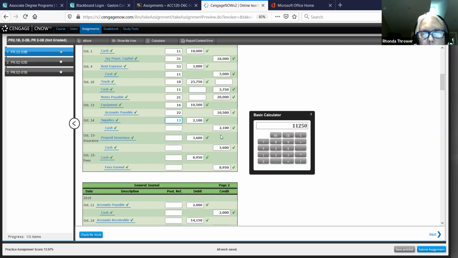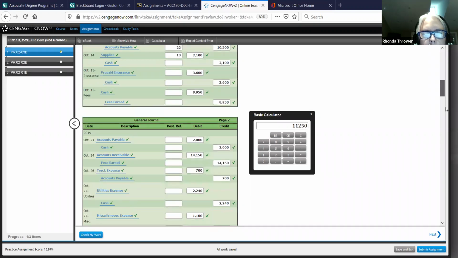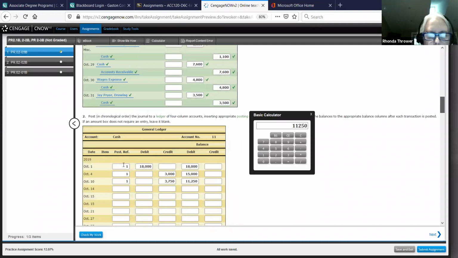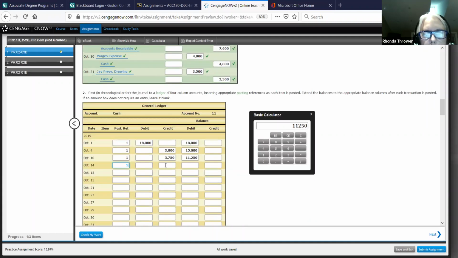So we're going to start with cash here at $2,100 as a credit. And previously we had cash of $11,250. I'm going to subtract from that $2,100.